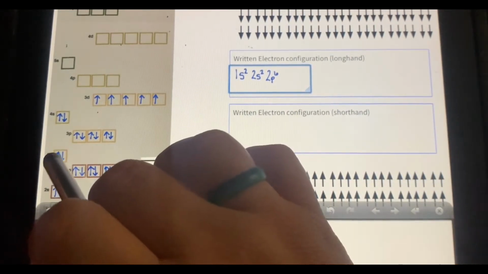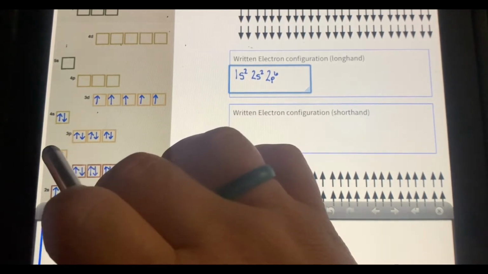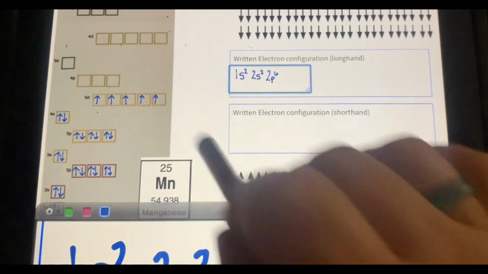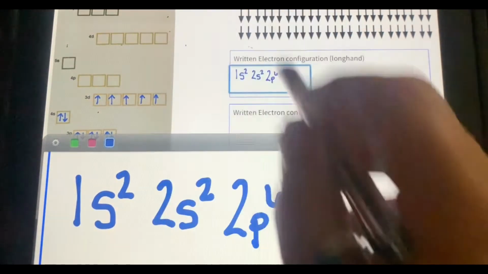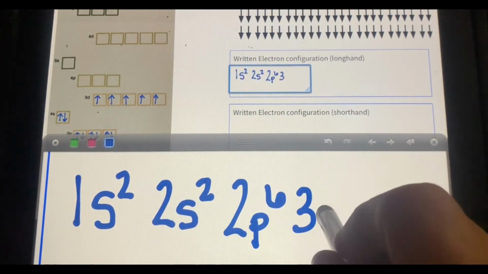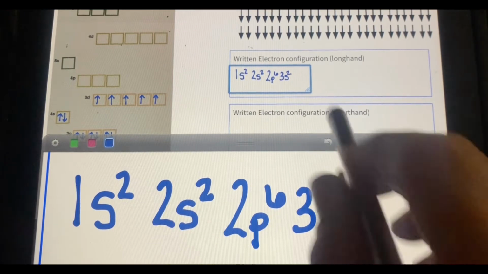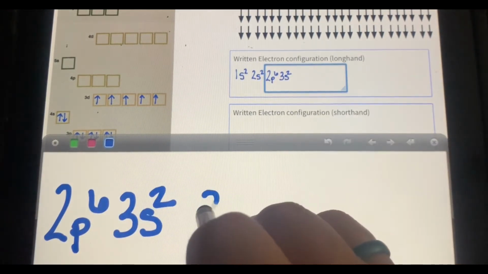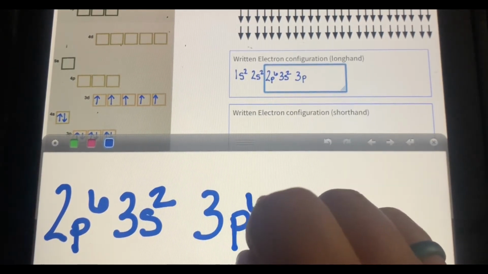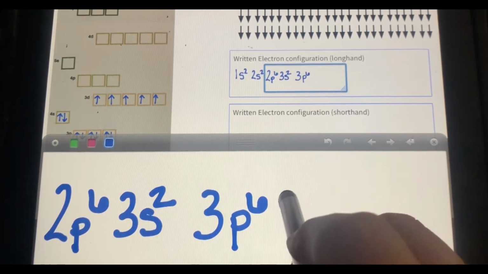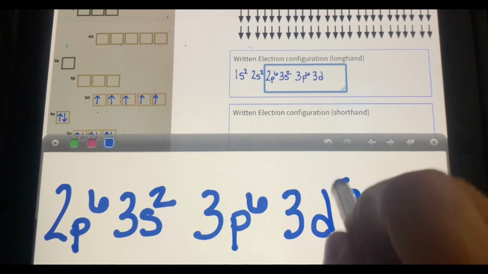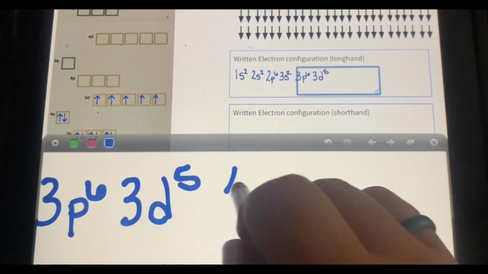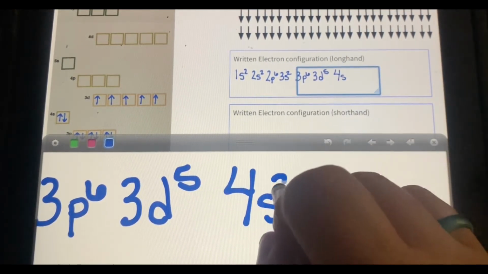You see how these boxes are all coded orange? I'm going to have to write all the orange boxes next. Okay? So 3S2, 3P6, 3D5, and now I write 4S2.